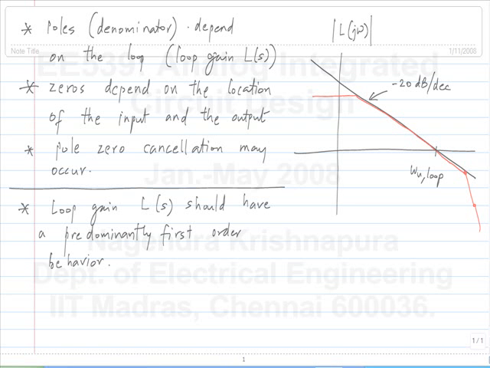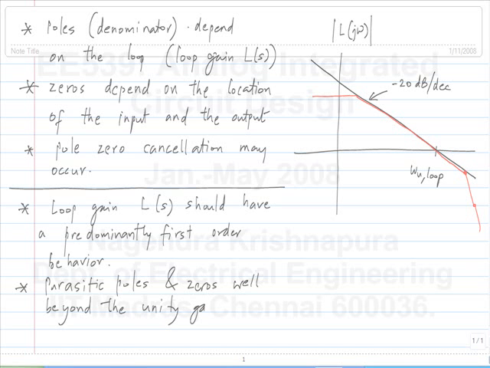Okay. Now we have a finite DC gain and a certain unity loop gain frequency.